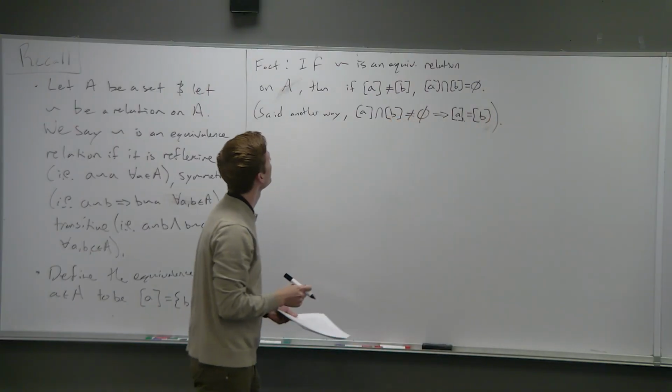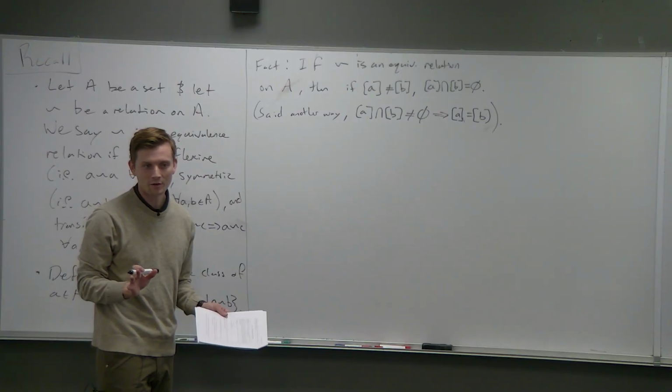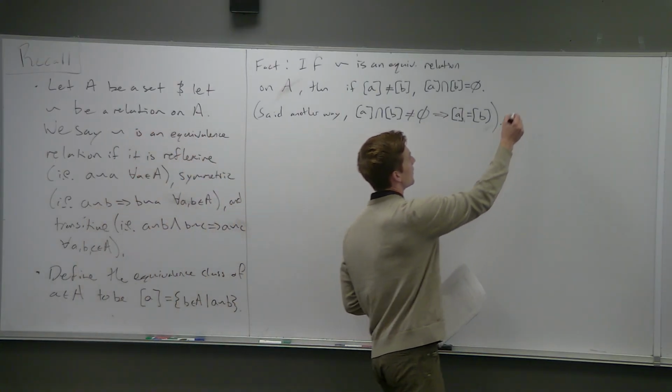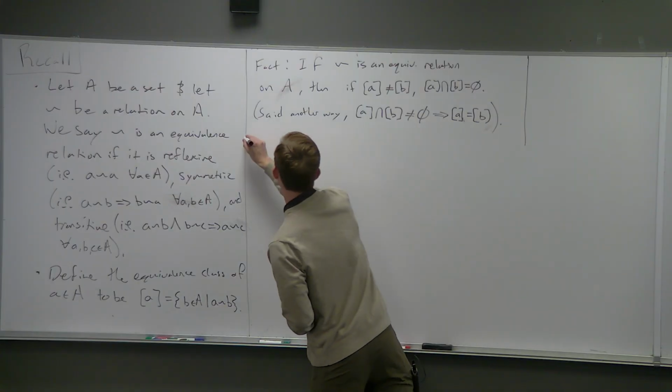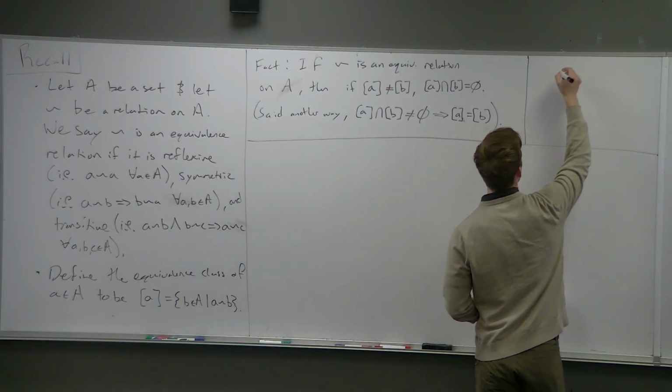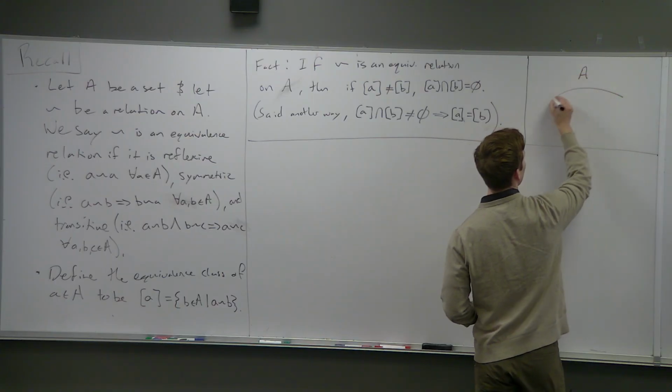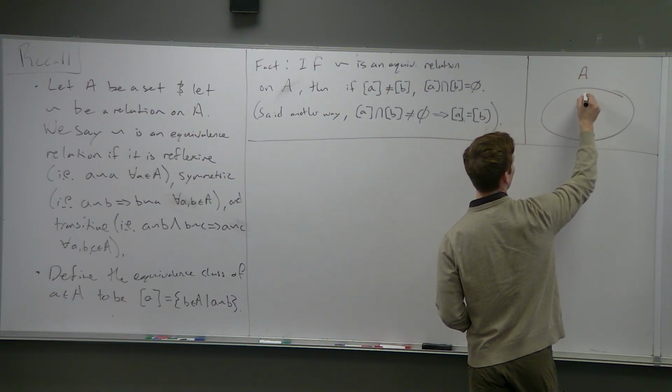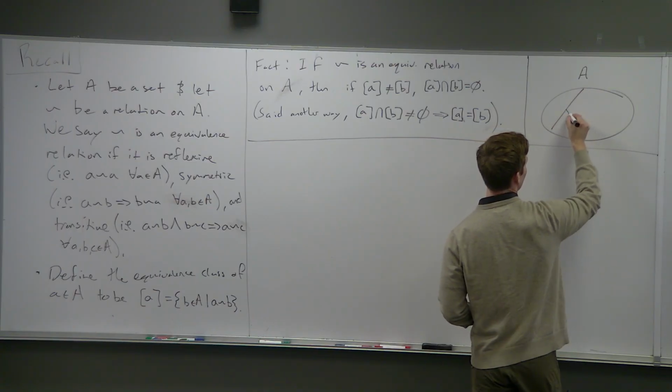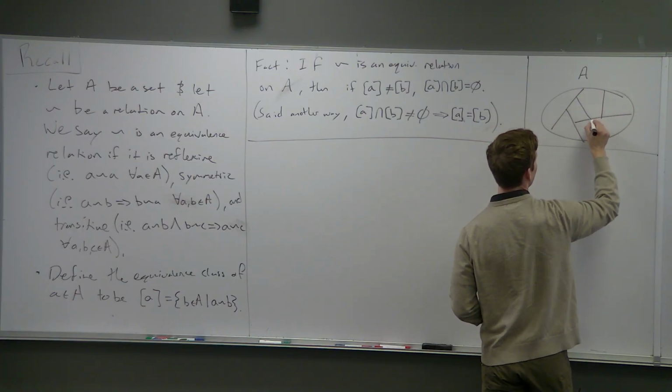Okay, so equivalence relations, very nice. The picture you want to have in your head here is the following one. Here's A. Here is what an equivalence relation does. It slices it up into lots of different pieces.